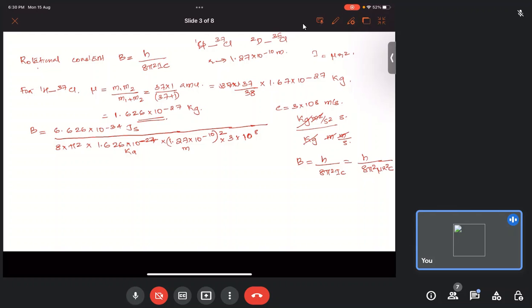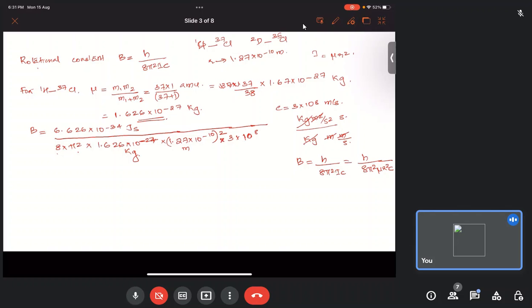So h is 6.626 into 10 to the power minus 34. 8 pi square into mu is 1.626 into 10 to the power minus 27, and r has to be squared, which is 1.27 into 10 to the power minus 10 the whole square, multiplied by c.